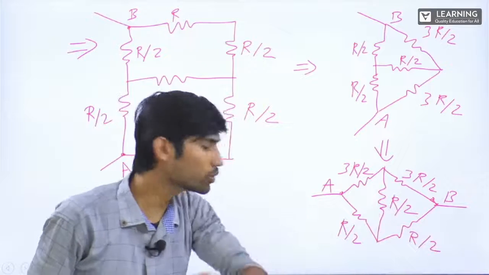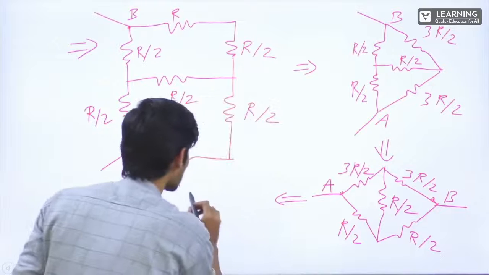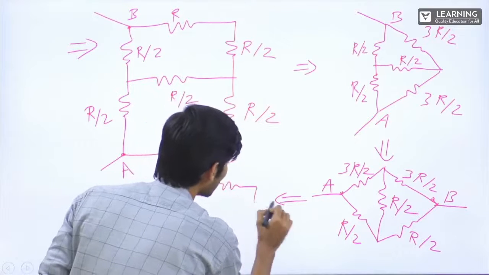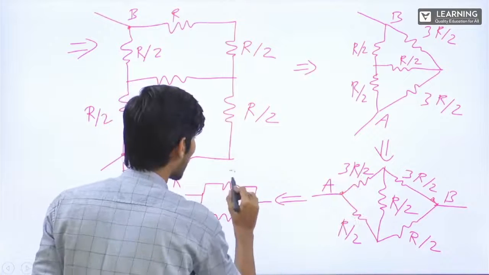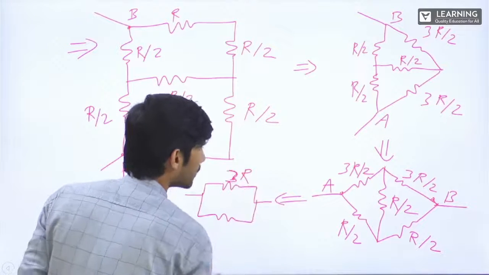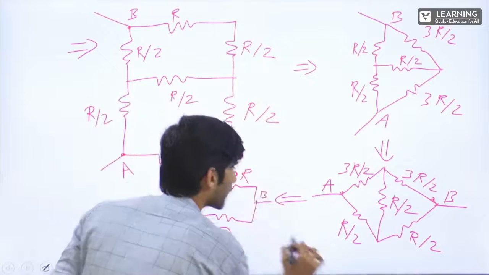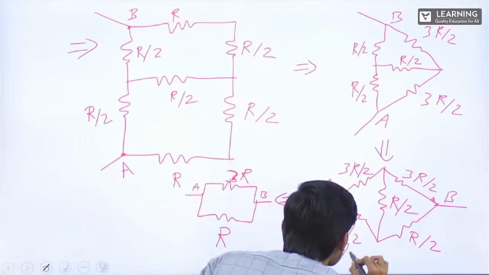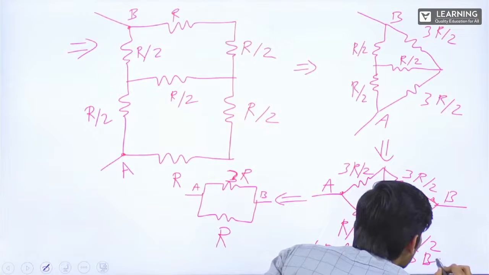So I can actually remove this middle wire. If I remove this middle wire, these two will come in series, and the bottom two will come in series, so this will be 3R, this will be R, this is A point, this is B point. I'll write here balanced Wheatstone bridge.